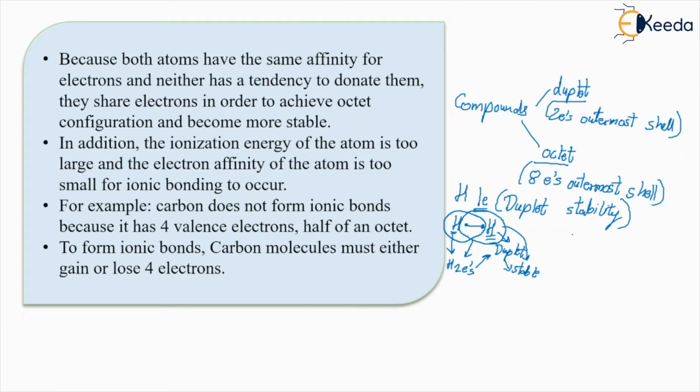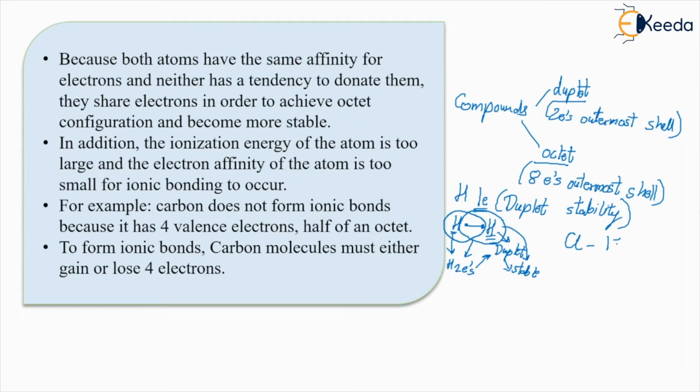Let's take chlorine. Chlorine is an important example. Why? Because chlorine is considered to be electronegative. And because it is considered to be electronegative, let us see how chlorine behaves.